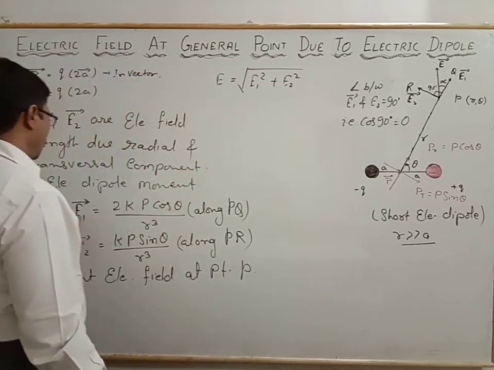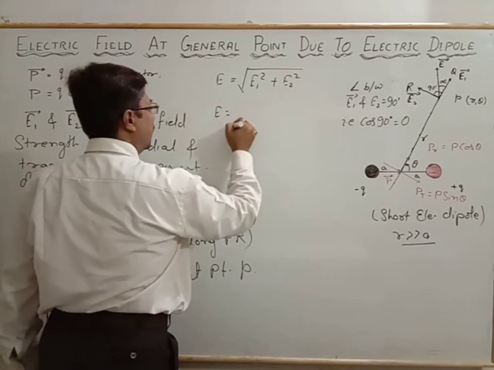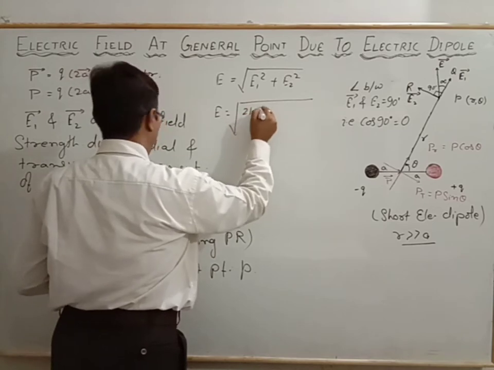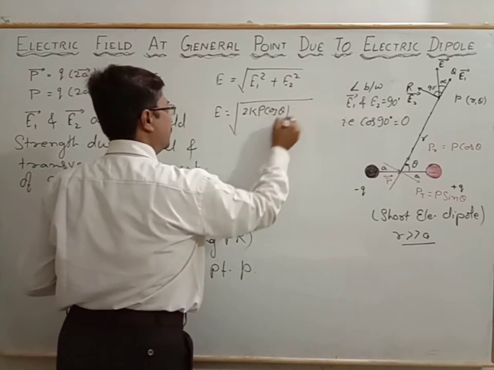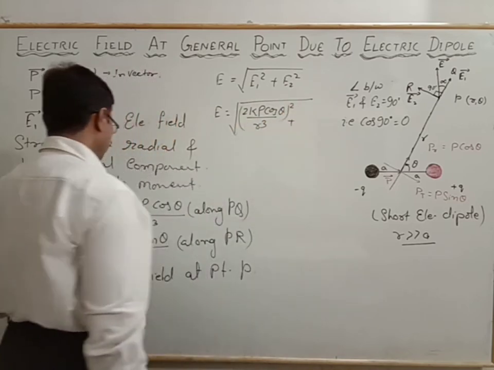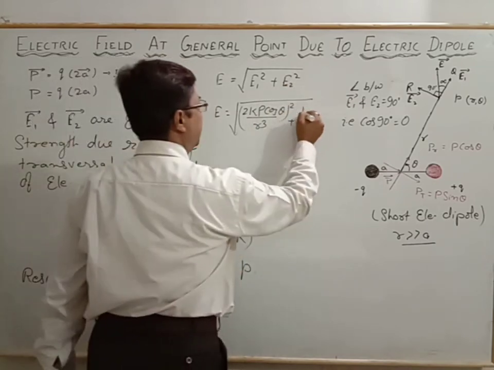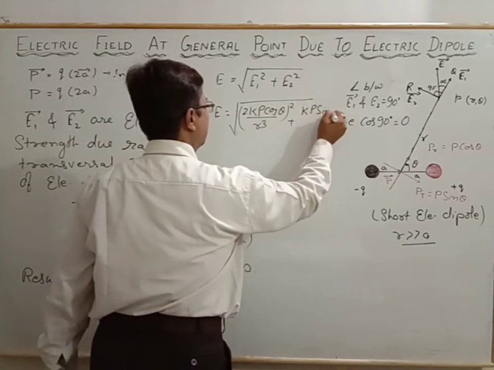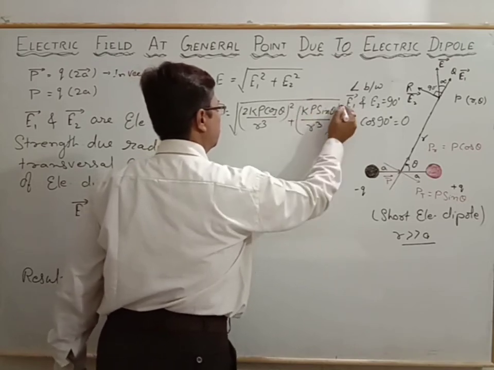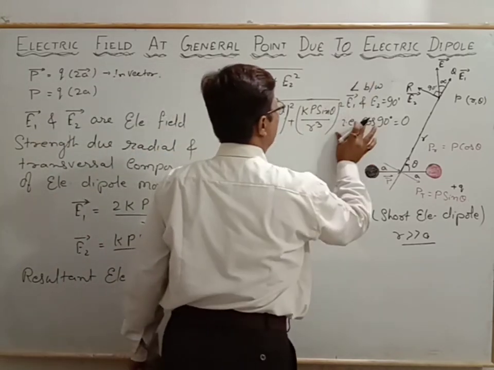Now just substitute the values of E1 and E2. The electric field E is equal to root under (2kp cos theta by r cube) whole square plus (kp sin theta by r cube) whole square.